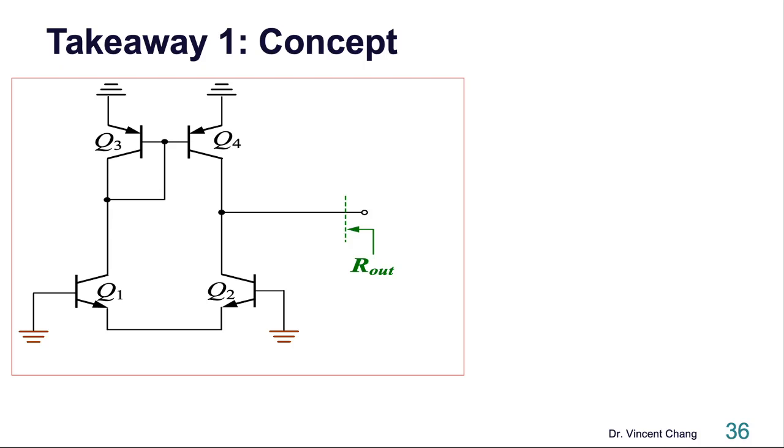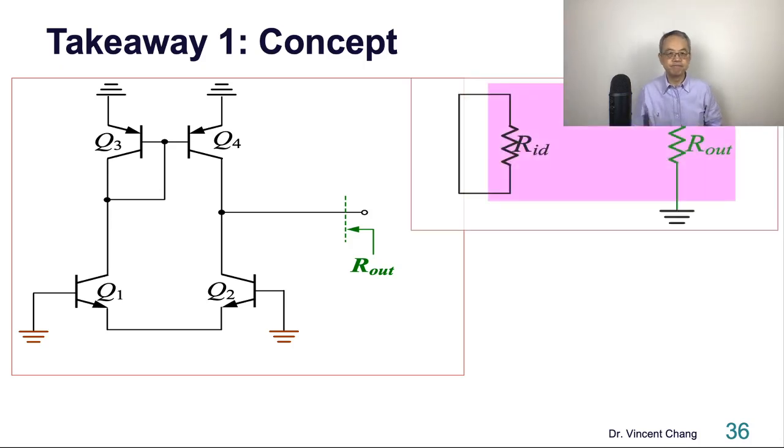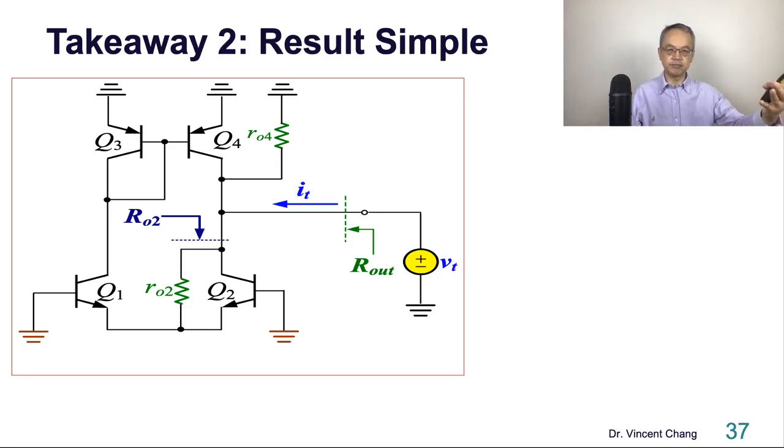Interesting, huh? Takeaway. Concept. Always remember, the first step to calculate the output resistance is to set the external signal source grounded. Number one, very simple. Number two, the result is also simple. The final result is also simple.